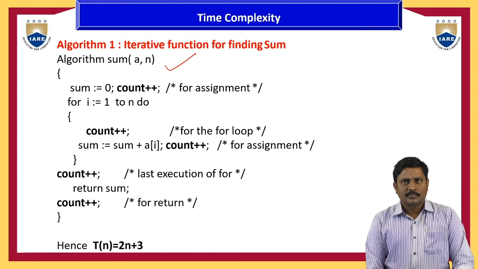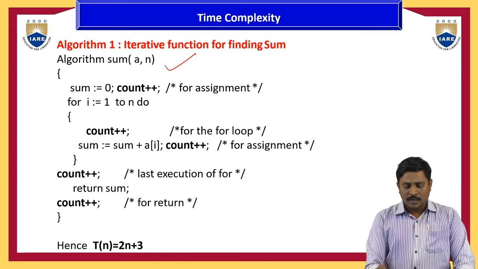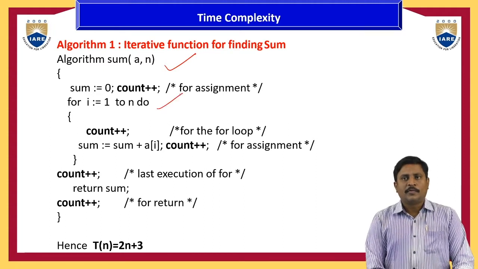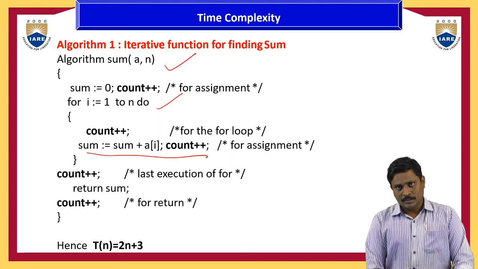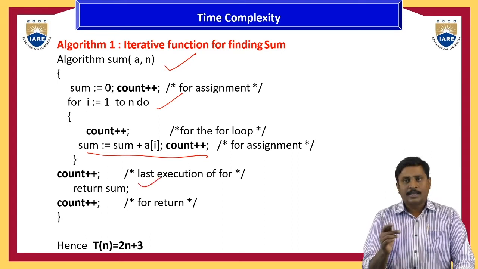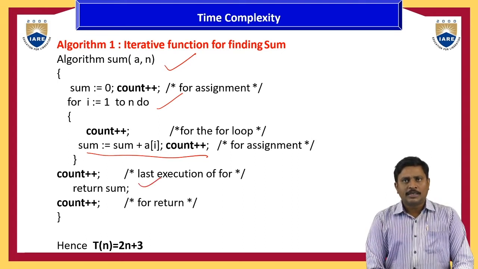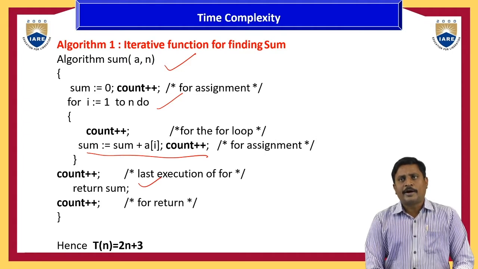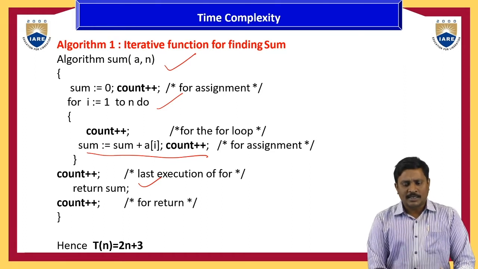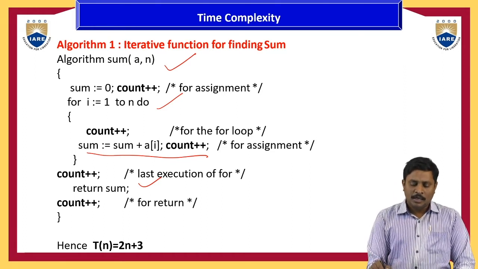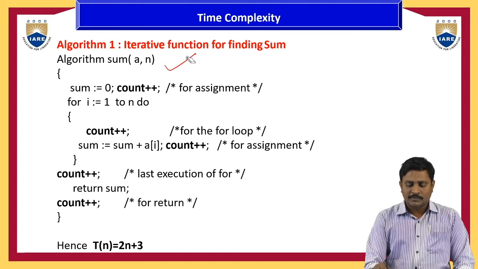For I equal to 1 to n do, and we calculate the sum of all these n values using the formula sum equal to sum plus a of I. Finally we return the sum. Here we find the time complexity without the count method directly, and next with the count method.